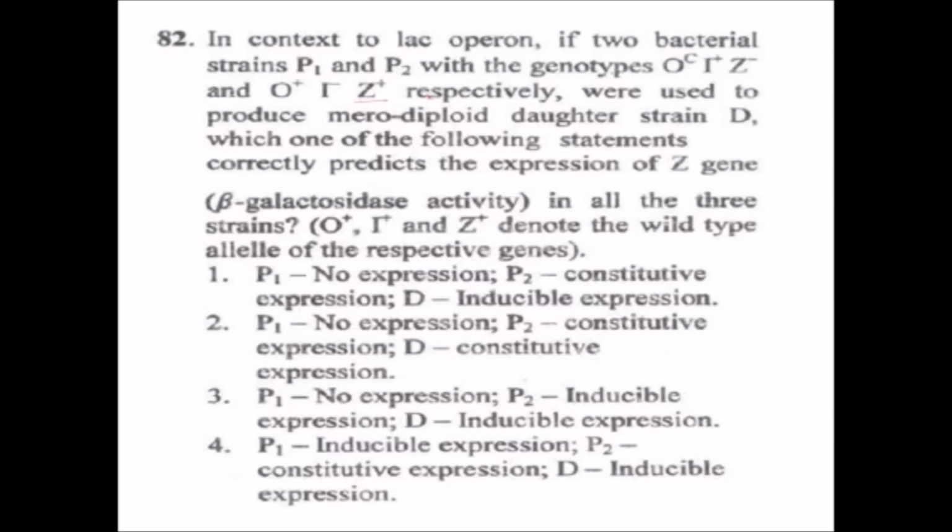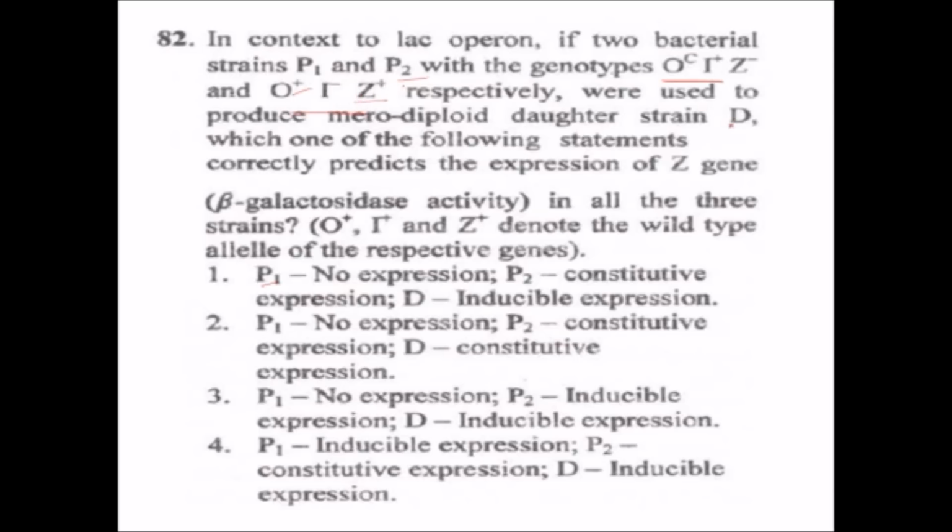So there will be no expression of beta-galactosidase activity in case of P1, and P2 will always have constitutive expression because here the operator is on. And D has the possibility that either of these sequences or a recombinant of them can be present.